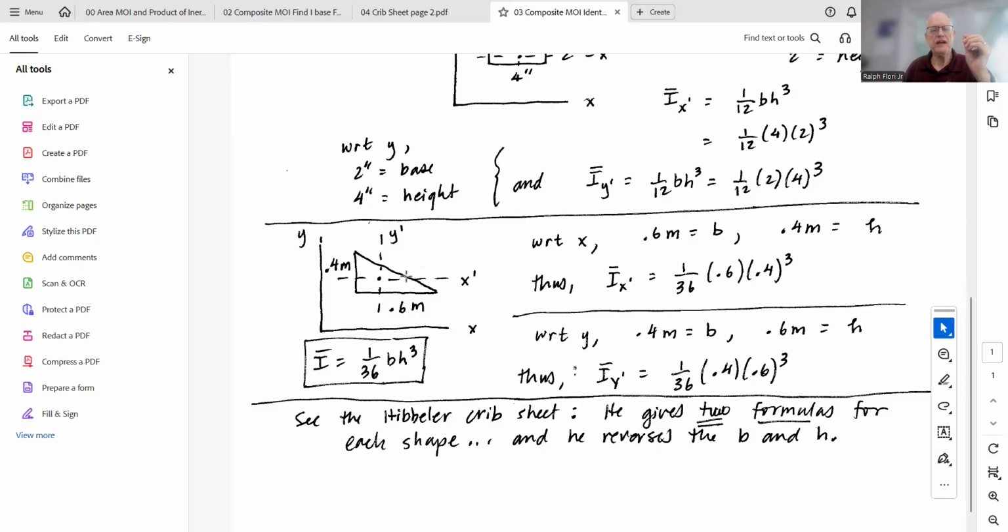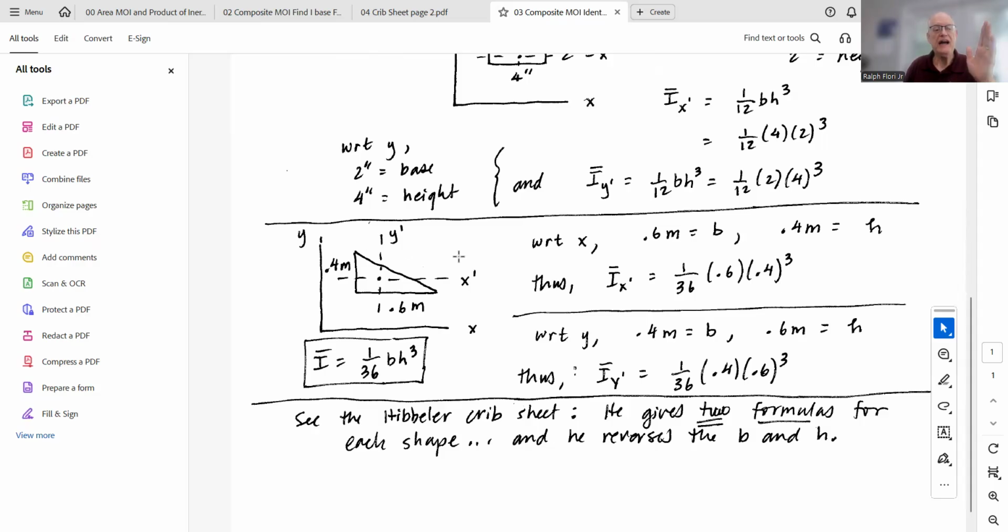If you're looking around the x prime, then the dimension that's parallel to the x is the base, so that becomes 0.6. And then the height is perpendicular to the x, and that's 0.4. So for I bar about the x prime axis, it's 1/36, base, which is 0.6, times the height, 0.4 cubed.